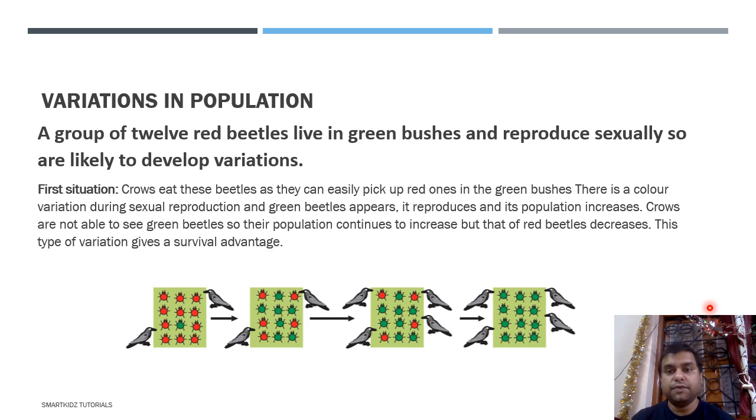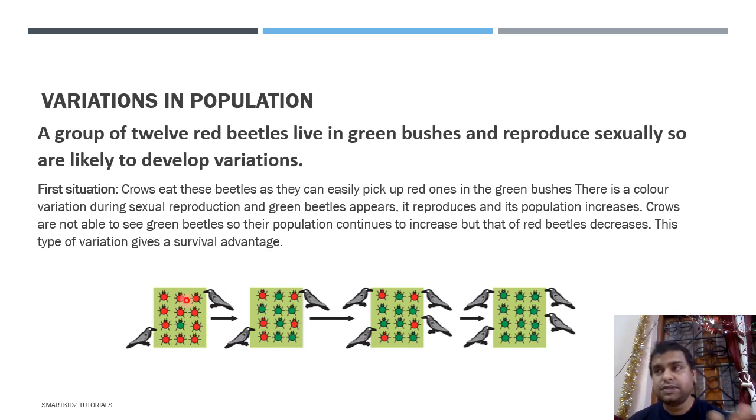We'll discuss three situations here to understand variation in the population among these red beetles. In this case, we see red beetles, and one green beetle. Actually there are 12 red beetles, which are not all shown here.